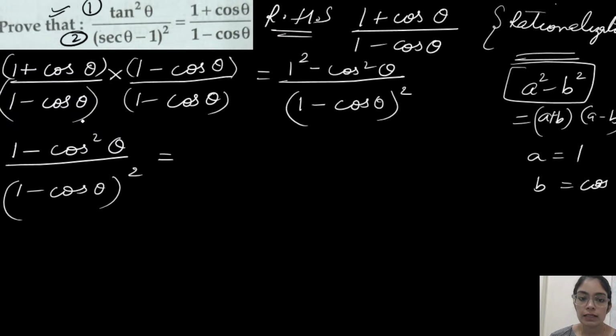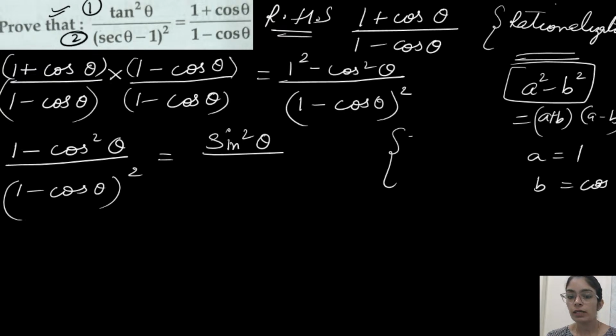Now we can see square is there, so the square relation we can apply. Directly we now know that 1 minus cos square is equal to sin square theta, because we know sin square plus cos square theta is equal to 1.